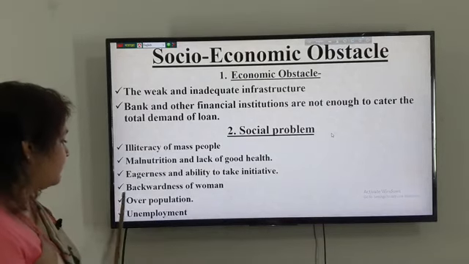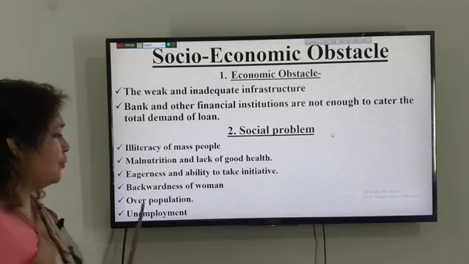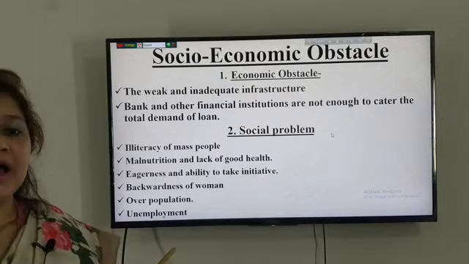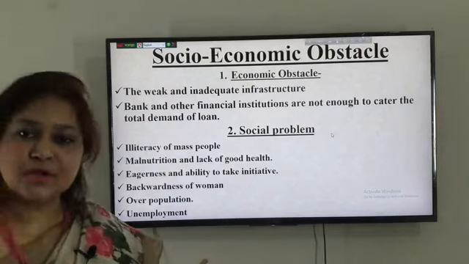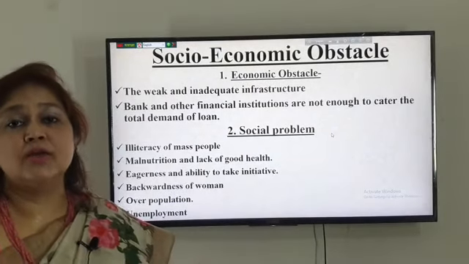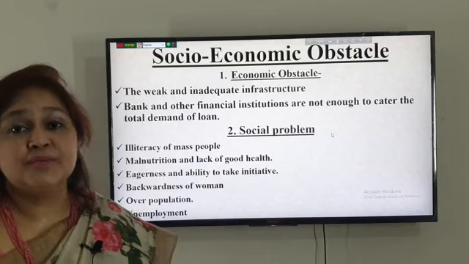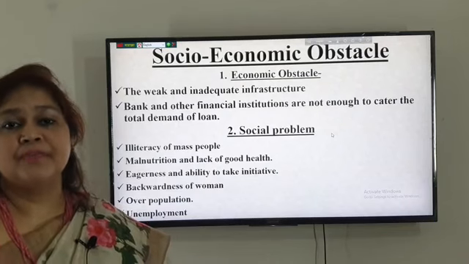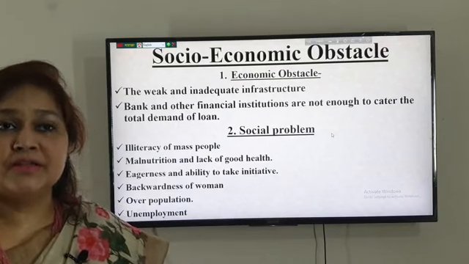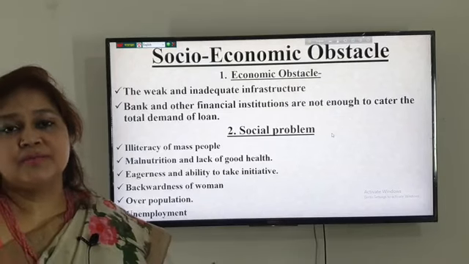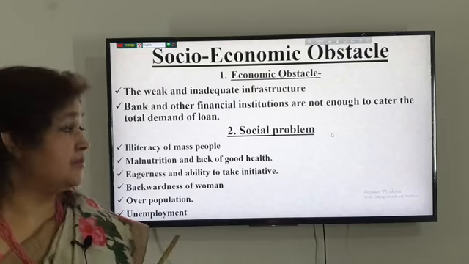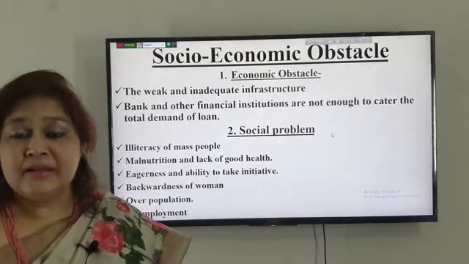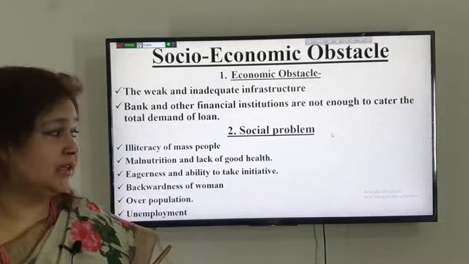Number 4, backwardness of women. Half of our population is women, but most of them are illiterate, and they cannot bear the responsibility of education and healthcare of their family members, and they cannot participate in decision making at the family level and also at the national level.